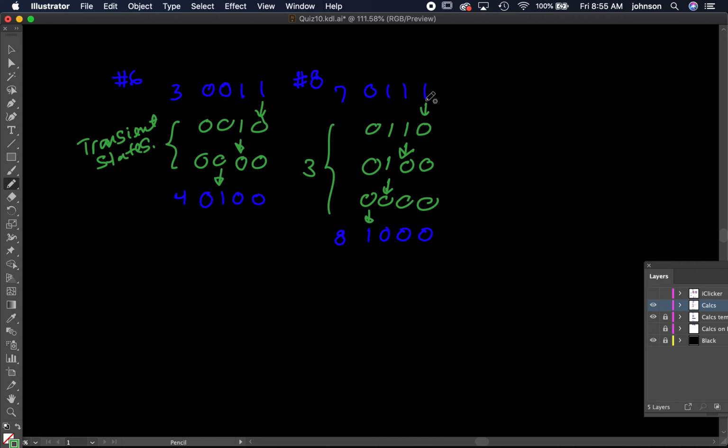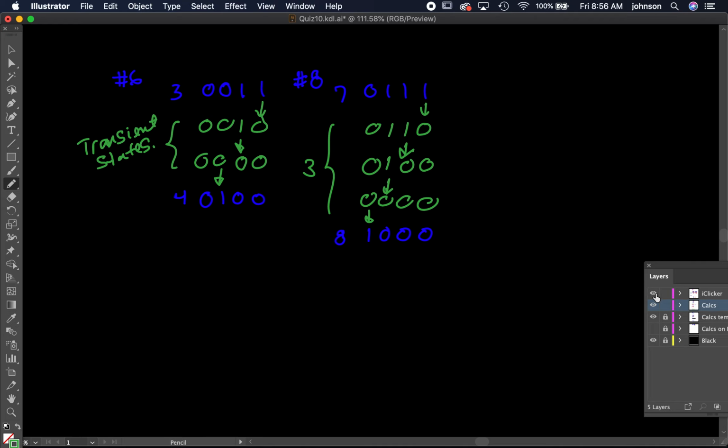Now please do not include the first and the last ones here at all. There are a total of 5, but 5 is not the answer to the question. The question is how many green states, transient states, are there? So be careful about that, as many students will put down 5 as the number of transient states in between. Well, let's go on to our iClicker exercise.